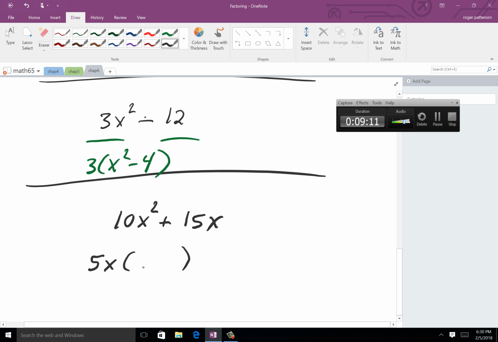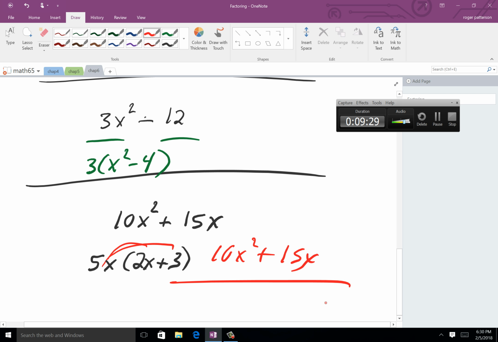And what are we left with? 2x plus 3, yep. And then if you distribute this back in, you're going to get the same thing. And that's a good thing to do. I wouldn't have you actually write it down and check it, but just check it up here, okay?